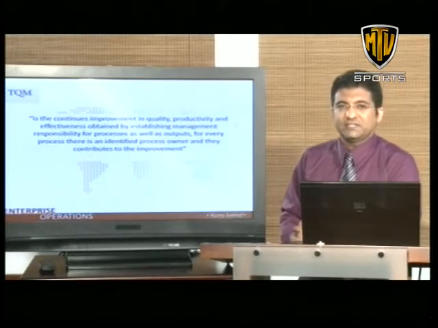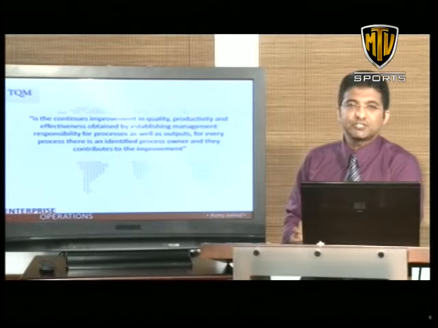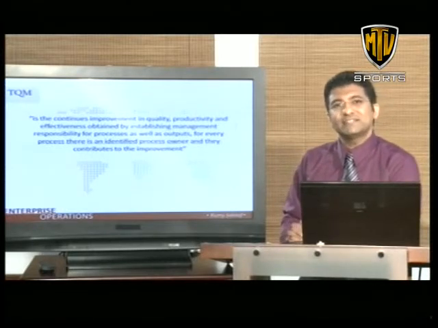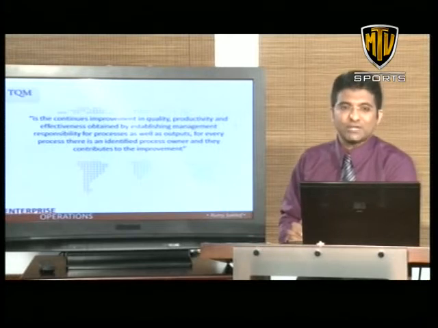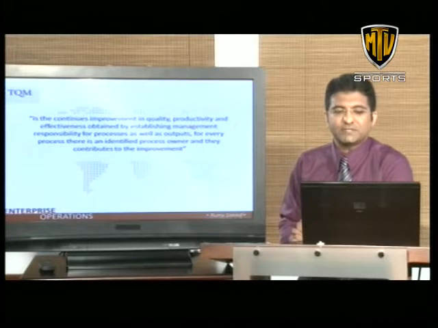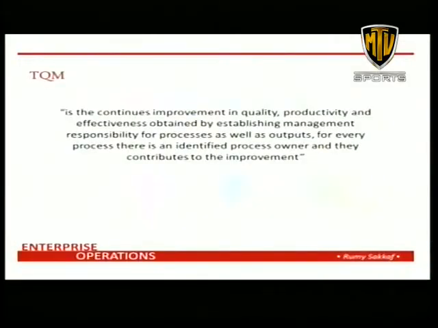Along with quality, another very important term was developed by the Japanese, especially the leading automobile industry in the world, Toyota, that is total quality management. That means it is the continuous improvement in quality, productivity and effectiveness obtained by establishing management responsibility for processes as well as output.